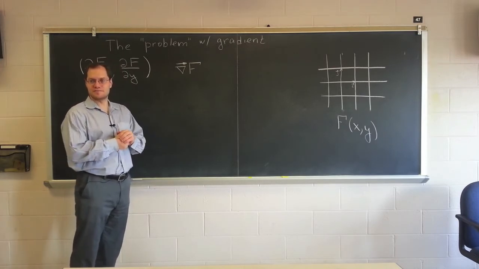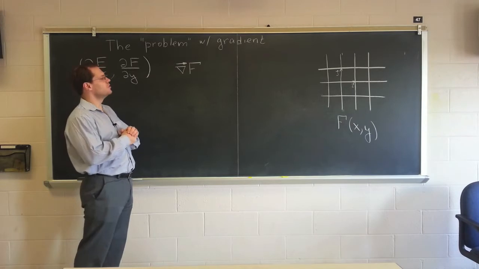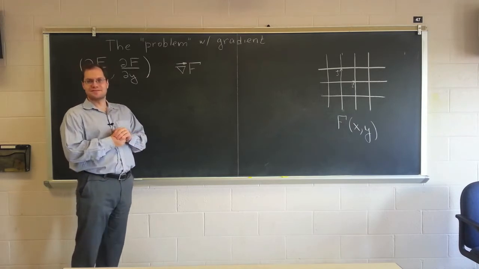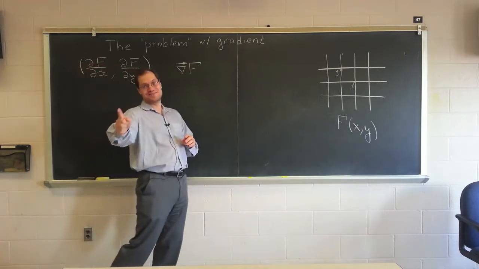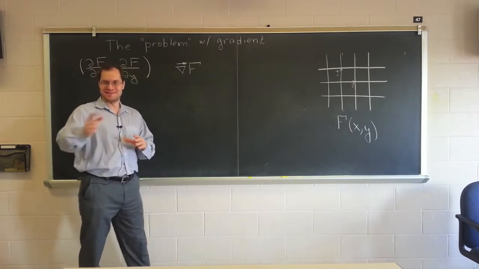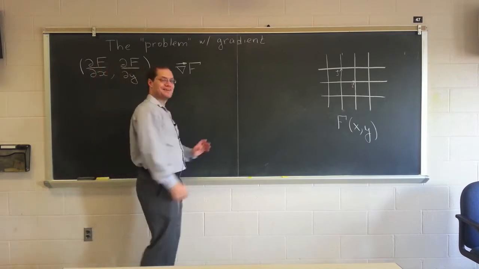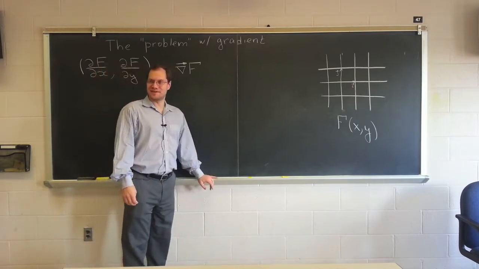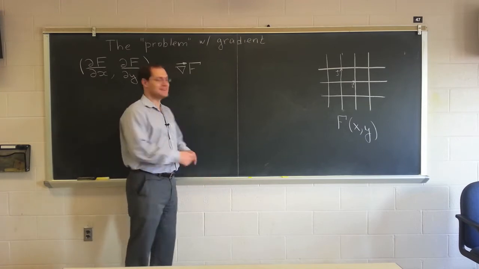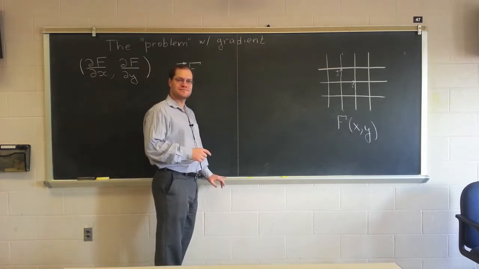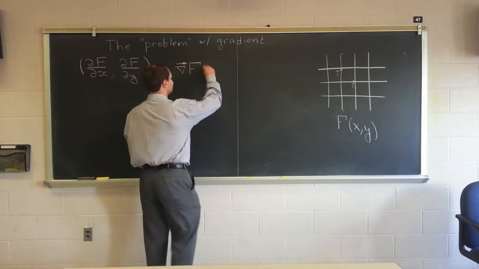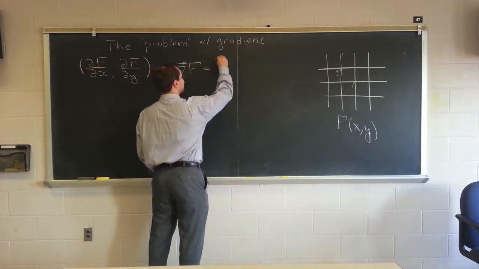So go for it. One over the square root of the dot product of y with itself. Okay, well, what you're telling me is wrong anyway. But I can see where you're going with it. So give me the naive thing you might think. The naive thing is... Make the partials the components of the vector? That's right. That's what you would say.